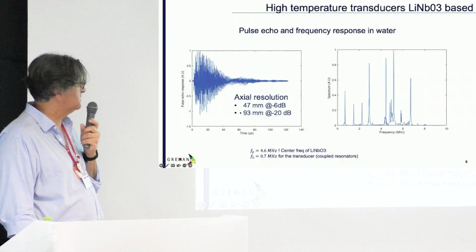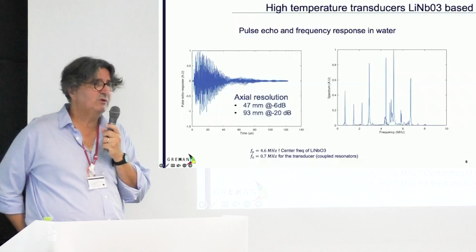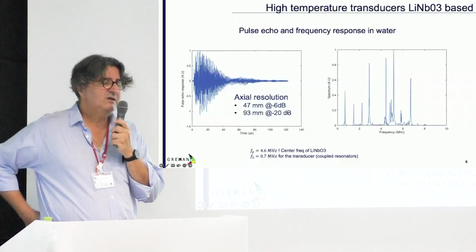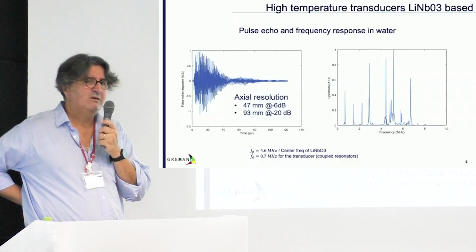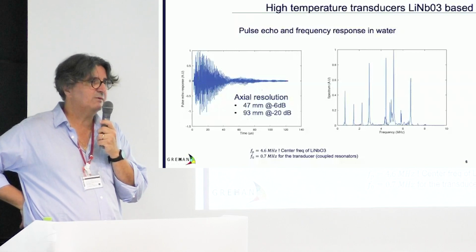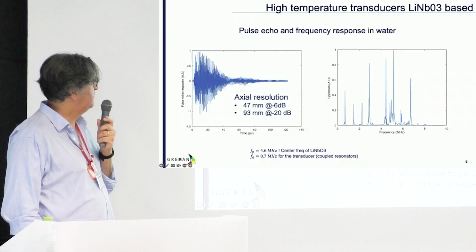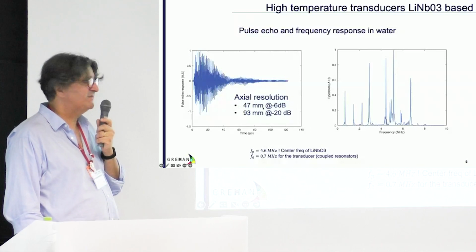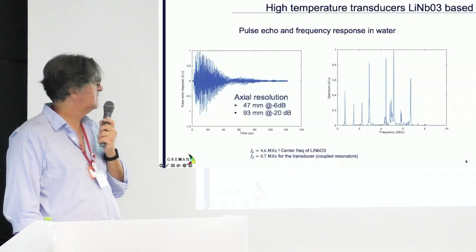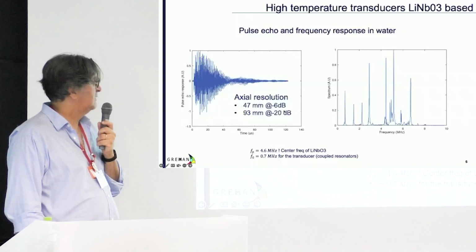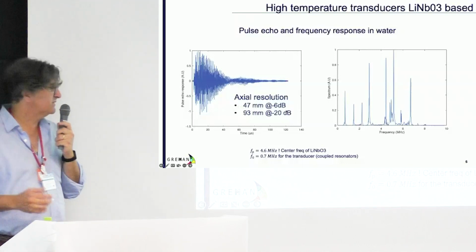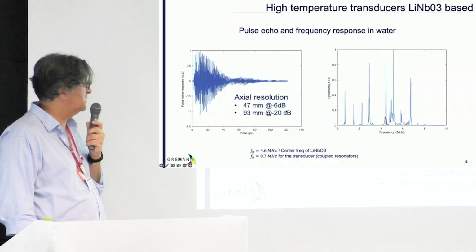It is a 4.5 megahertz transducer. Typically, the resolution we were talking about in metals or in biological tissue is something like 0.1 to 3 millimeter. If you look at the minus 6 dB axial resolution, you have nearly 5 centimeter. And for images, looking at the minus 20 dB axial resolution, it is also very important.